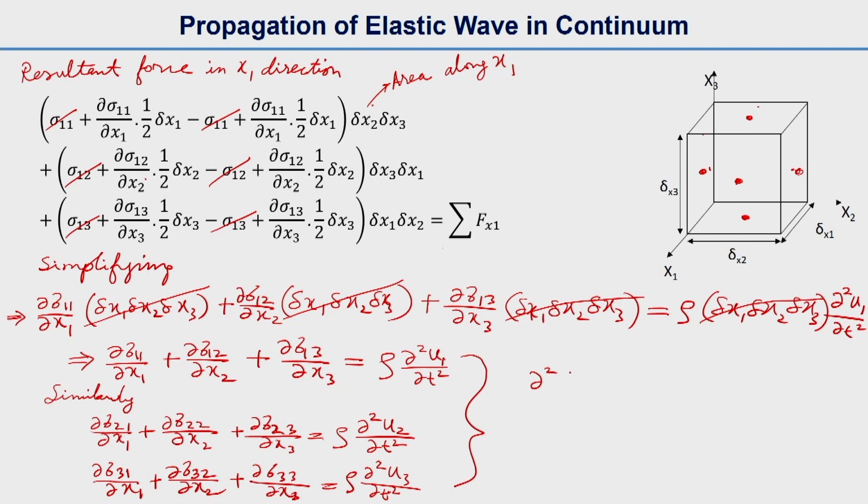It's the partial of sigma subscript ij with respect to xj is equal to rho, density, times the second partial of ui with respect to time.